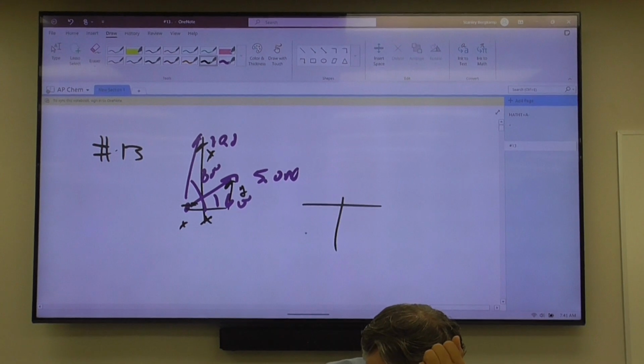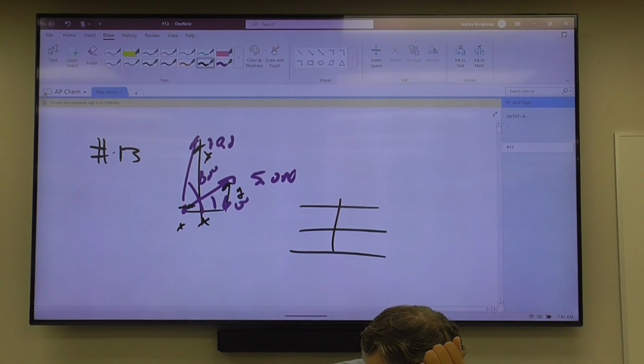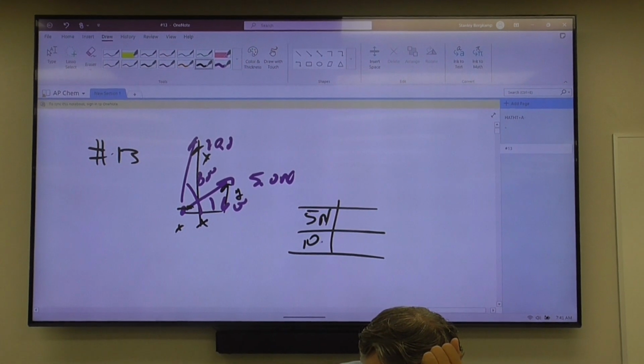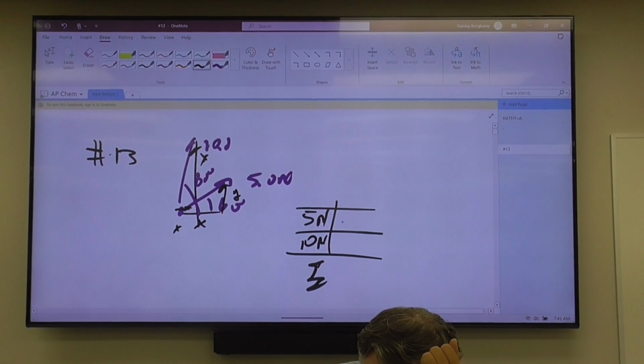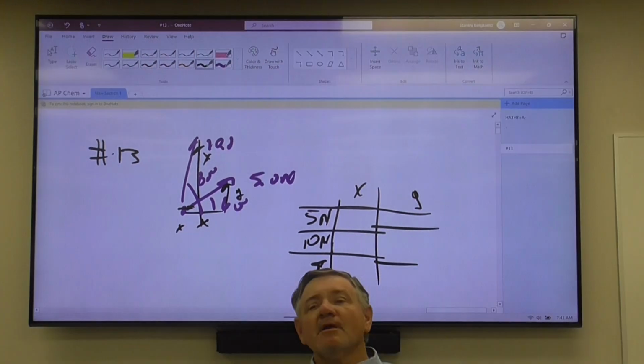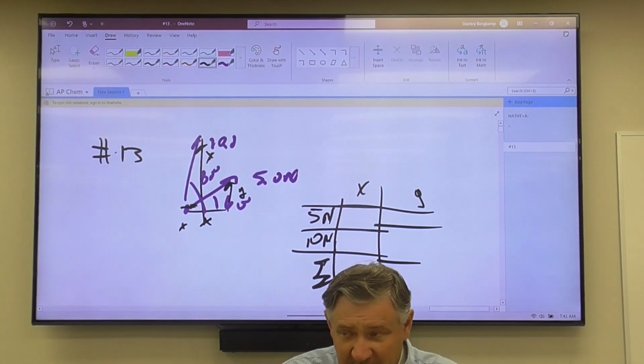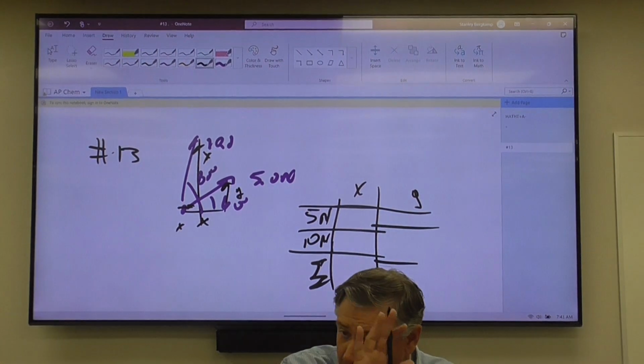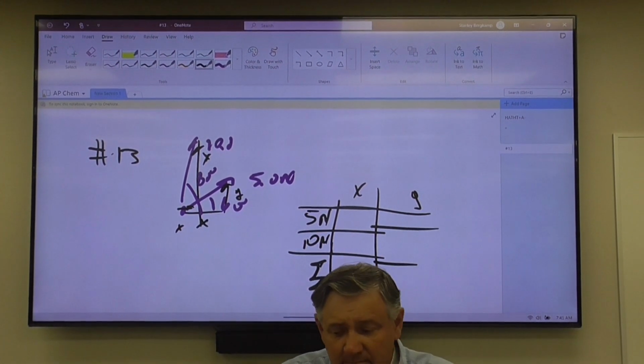You're going to have a chart that says, here's my 5 Newton force, here's my 10 Newton force, here's the sum of these values, here's my X, here's my Y. It benefits you because you see your thought process.